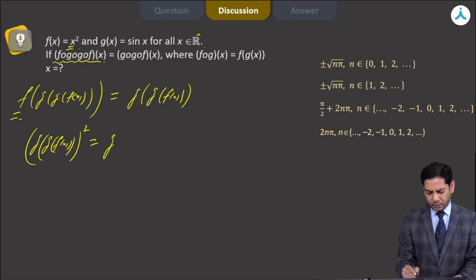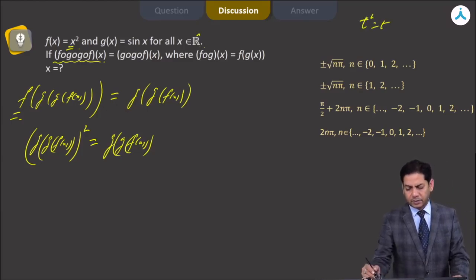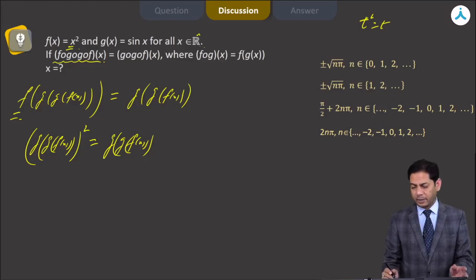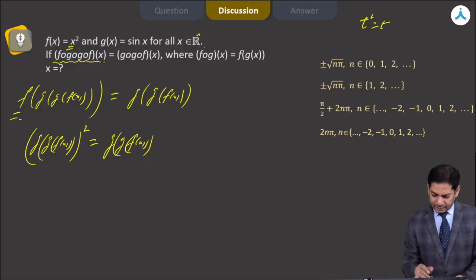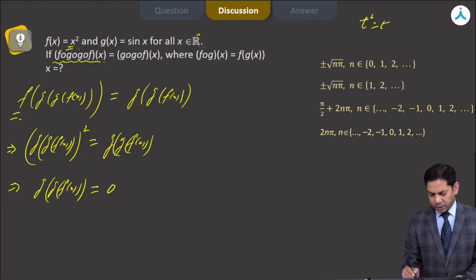This is equal to g of f of x on the right hand side. So this is like t square is equal to t. So t can be either equal to 0 or it may be equal to 1. That means if this condition is being satisfied, then we should be having g of f of x equal to 0 or 1.